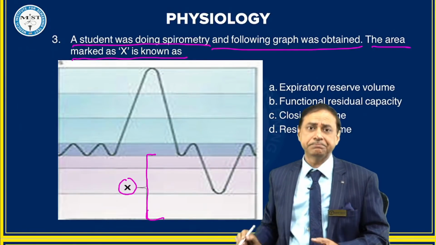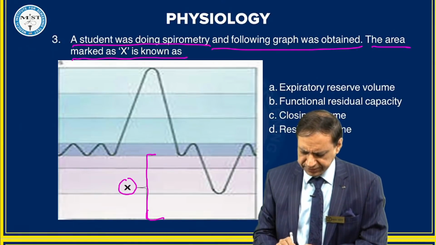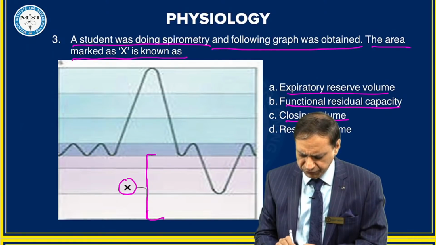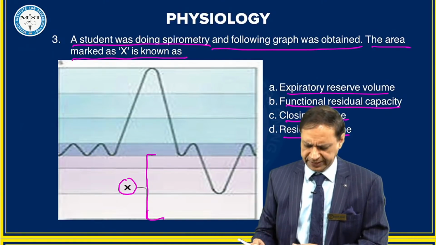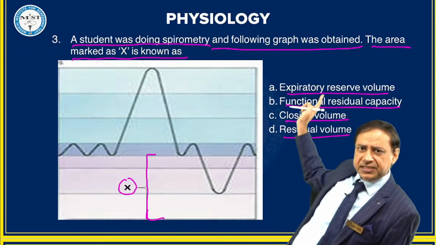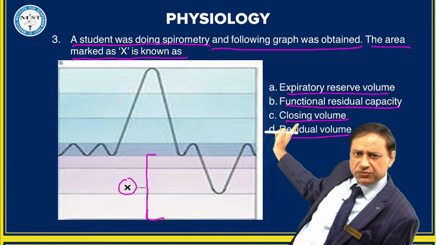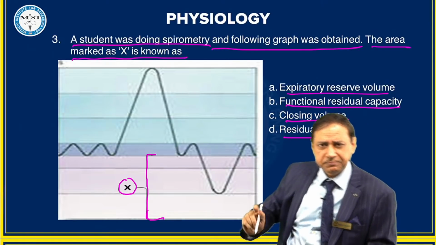Four choices: expiratory reserve volume, functional residual capacity, closing volume, residual volume. What is this known as? Easy question.